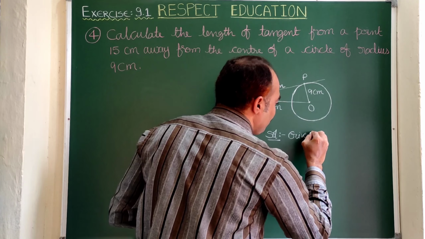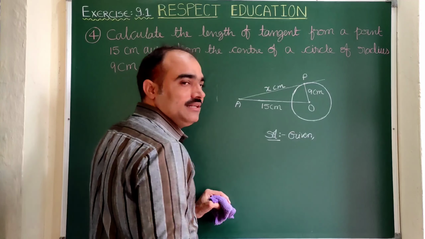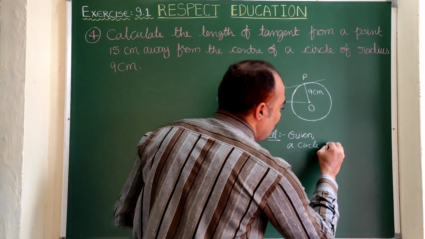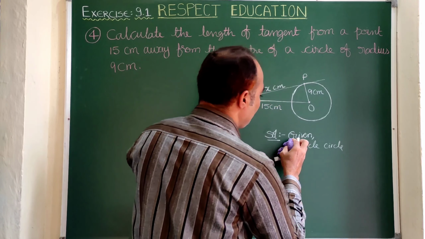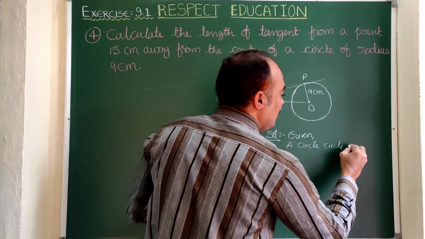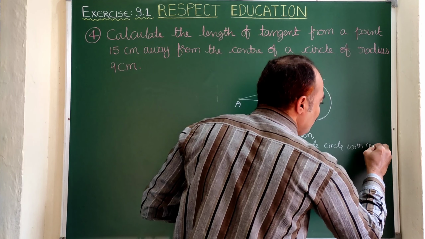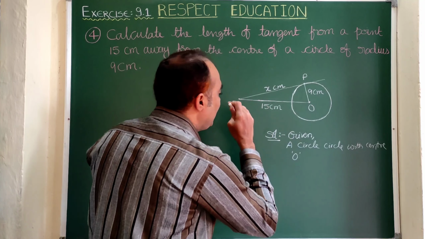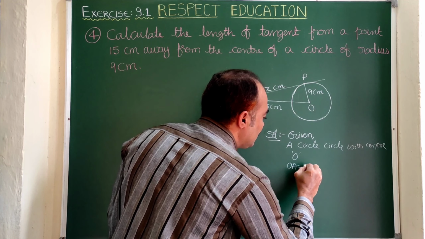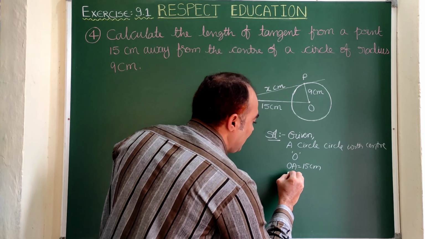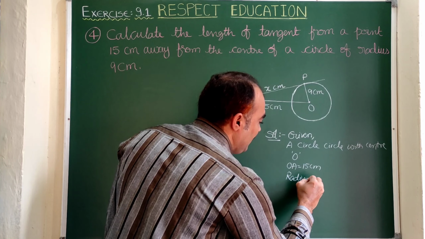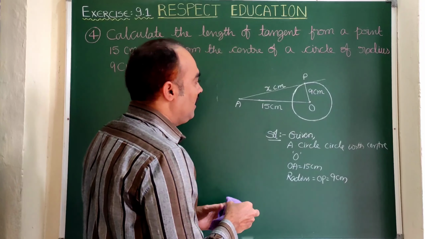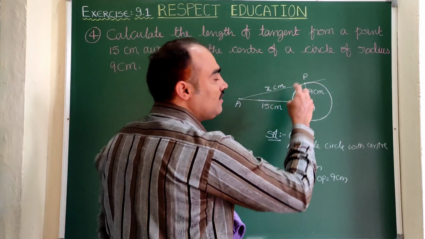Given radius is 9 centimeter, we can write given a circle with center O, where OA is equal to 15 centimeter and radius OP is 9 centimeter, and here we need to find the length of the tangent.